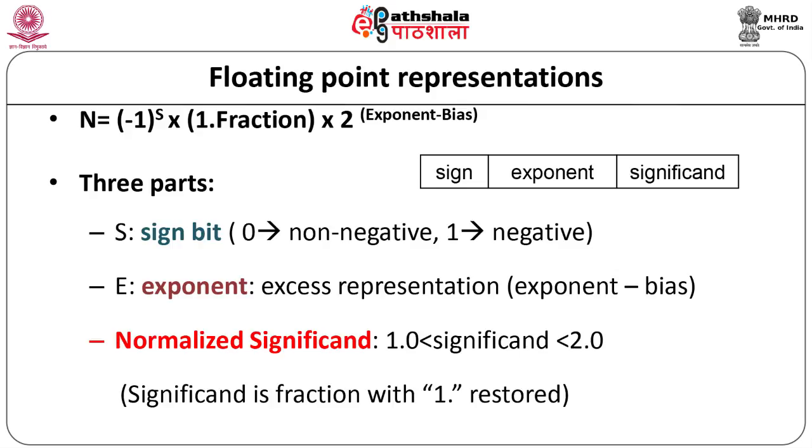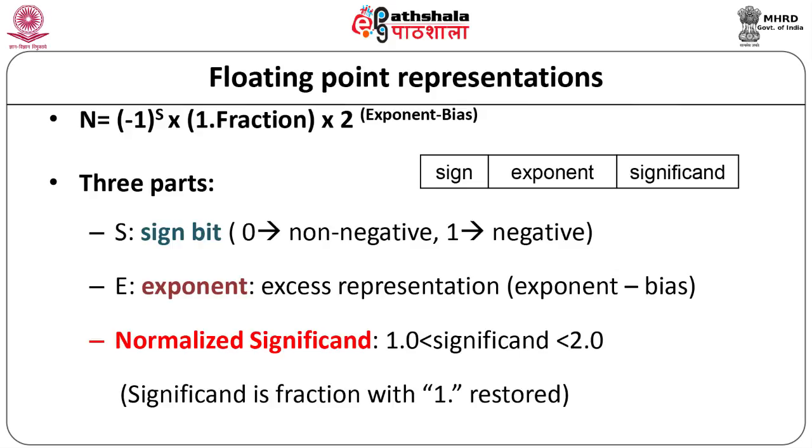Normalized significand. It is always given as 1.0 less than or equal to significand less than 2.0. We normalize the floating point number so that the decimal point is implied to be before the first one bit, and in shifting the decimal point, the significand fraction with 1 point is stored.